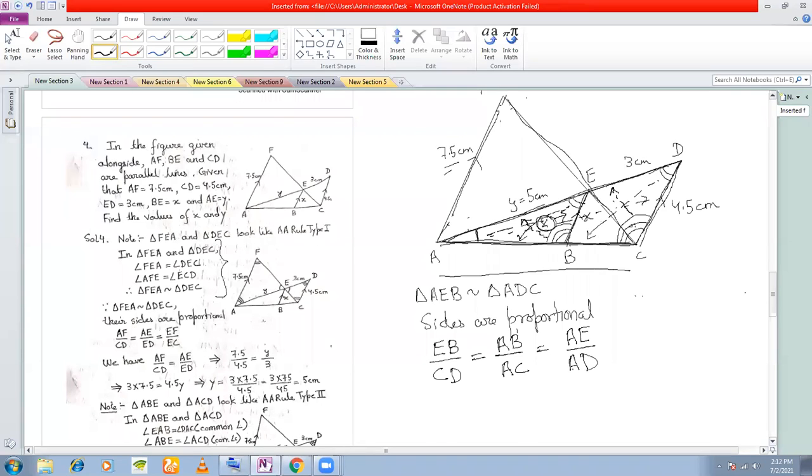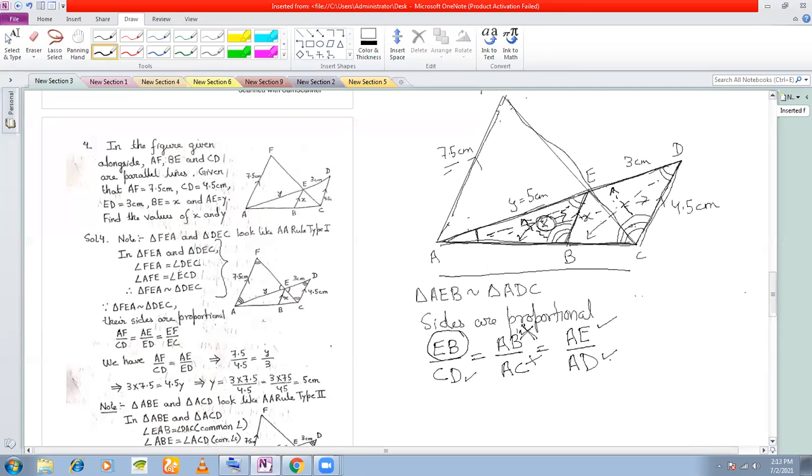Right? So once we have written the proportional sides, now we check which one we have to find out. We have to find out X. X is your EB here. Right? EB we have to find out. And what are the given sides here? CD. Is CD given? Yes, CD is given. Fine. AB and AC, these two are not given. Right? AE. Yes, AE we have found out, Y. AE is nothing but Y. And what about AD?